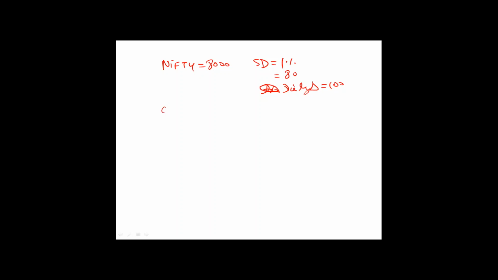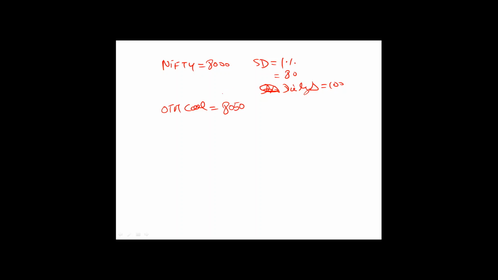So I take an OTM call in the morning at an exercise price of 8050. We have a gap of 50 points for each strike price, not 100 rupees. So I'm buying the 8050 call. Fine. So this is an out of the money call, 50 rupees out of the money.